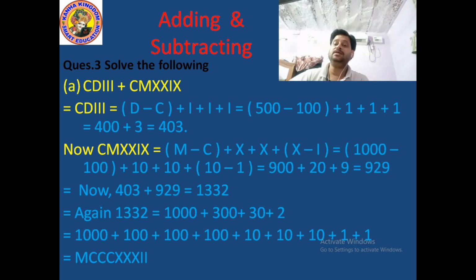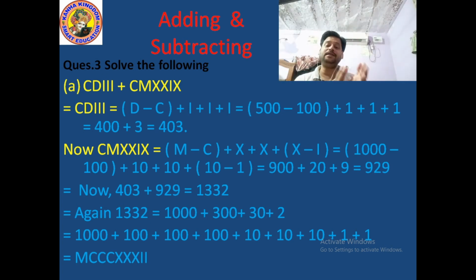So first C, is this number in the descending order? Let's check. C is greater than D? No. So what you have to do? You make a bracket, D minus C, bracket close, plus I plus I plus I.